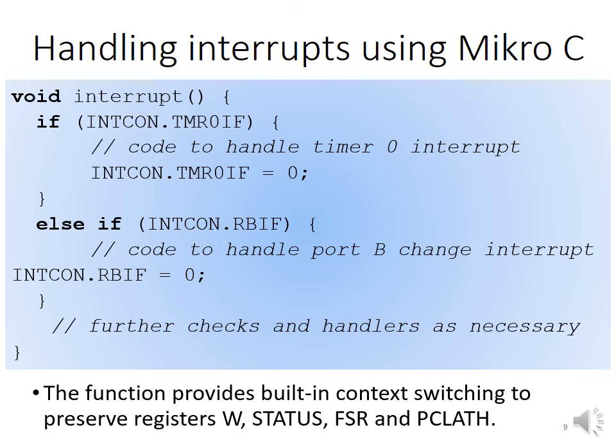The interrupt handler function has inbuilt context switching. This means that the critical registers, that is, the working register, the status register, the register FSR, and the register PCLATH, are automatically saved on entering the interrupt handler and also automatically restored just before leaving the interrupt handler.